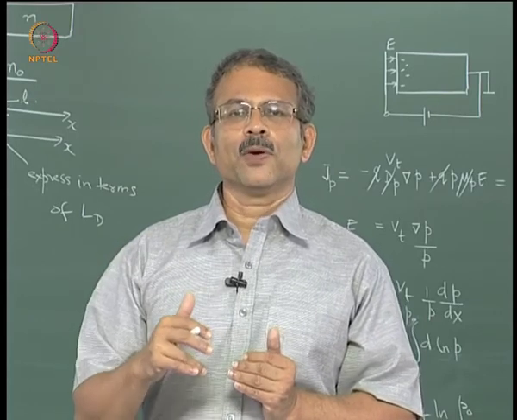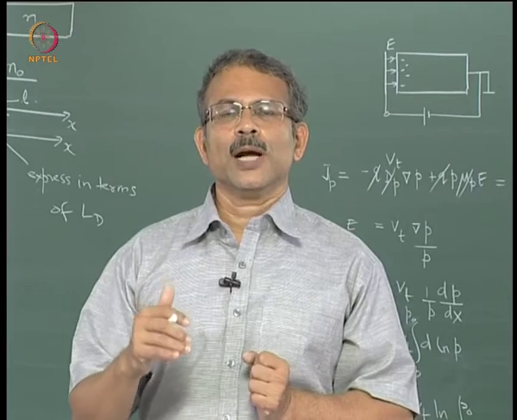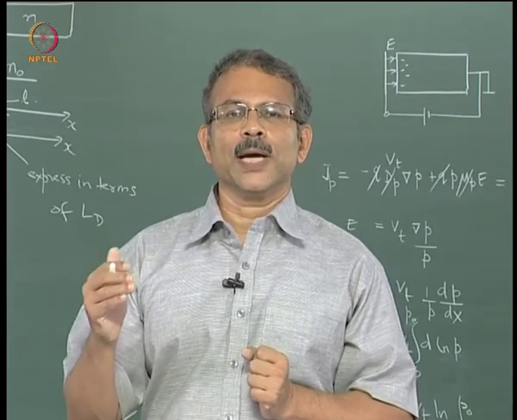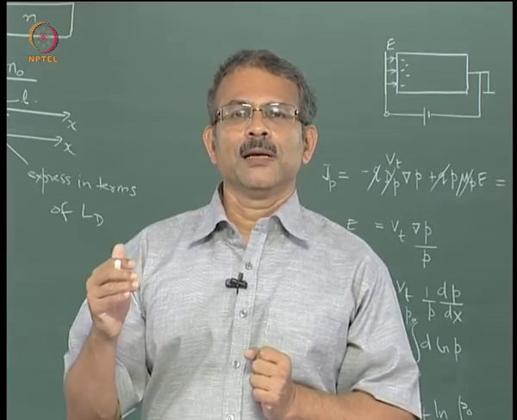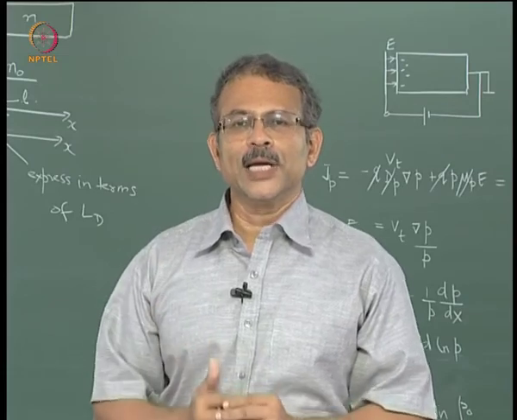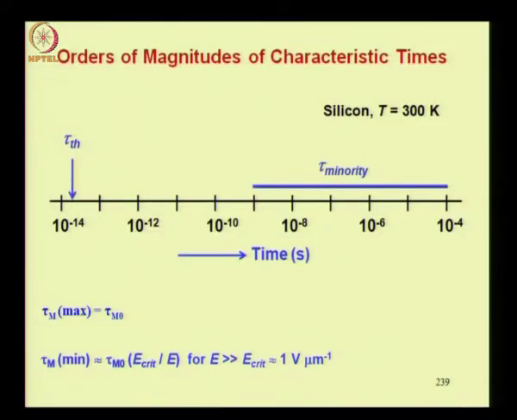And therefore when you take a square root, you have square root of 1 plus E by E critical square, and for large E it simply becomes E by E critical. So that is what is used here. E critical is about 1 volt per micron.